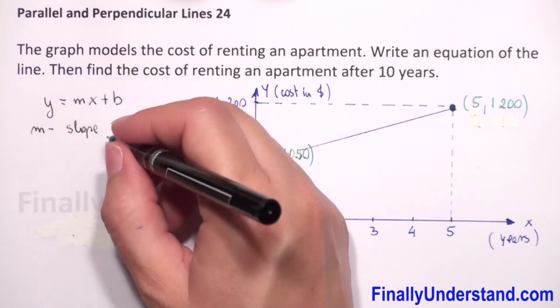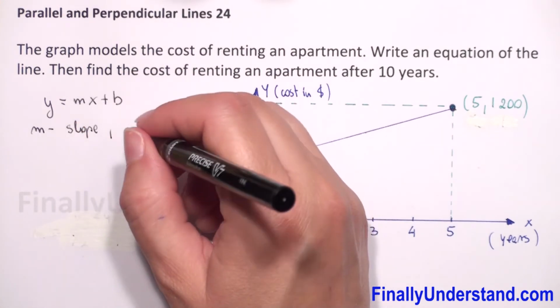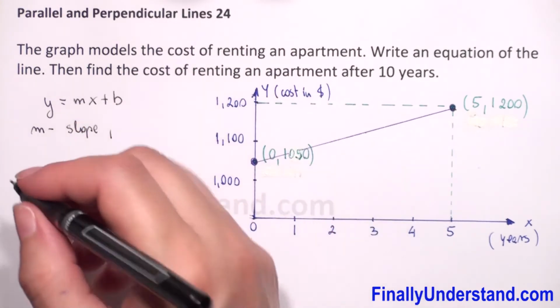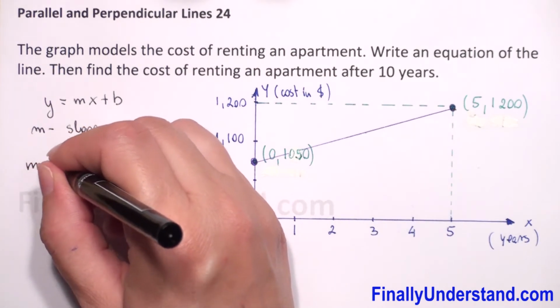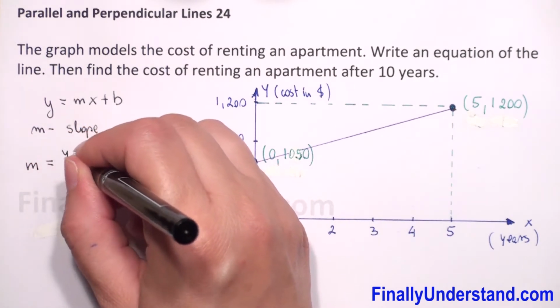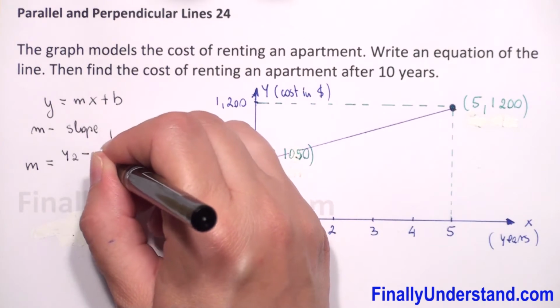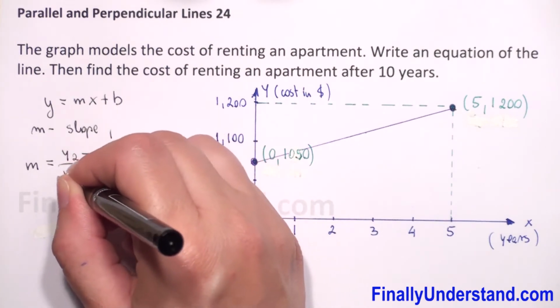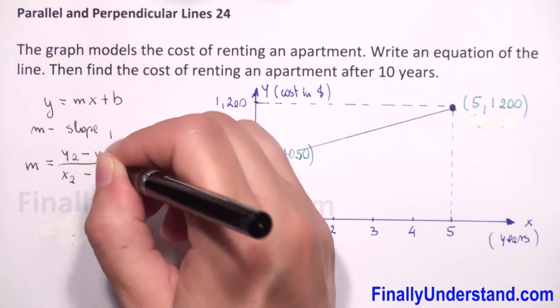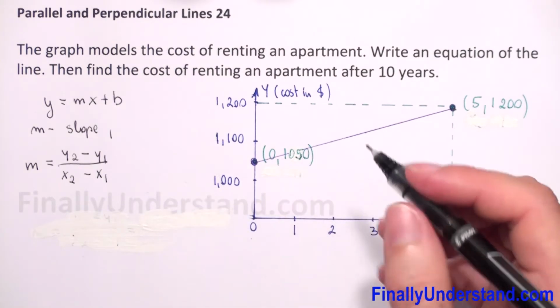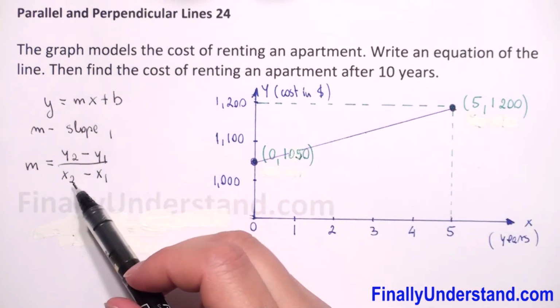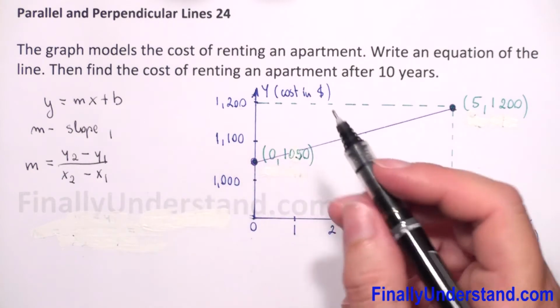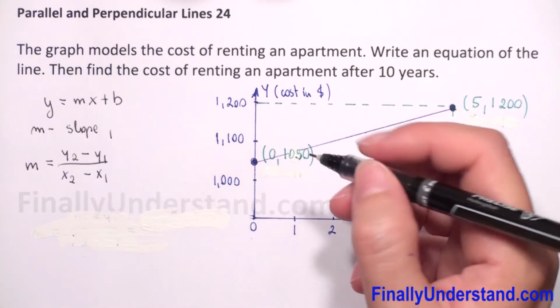and m has the formula, let me write this here, y2 minus y1 over x2 minus x1, where y and x are coordinates of points.